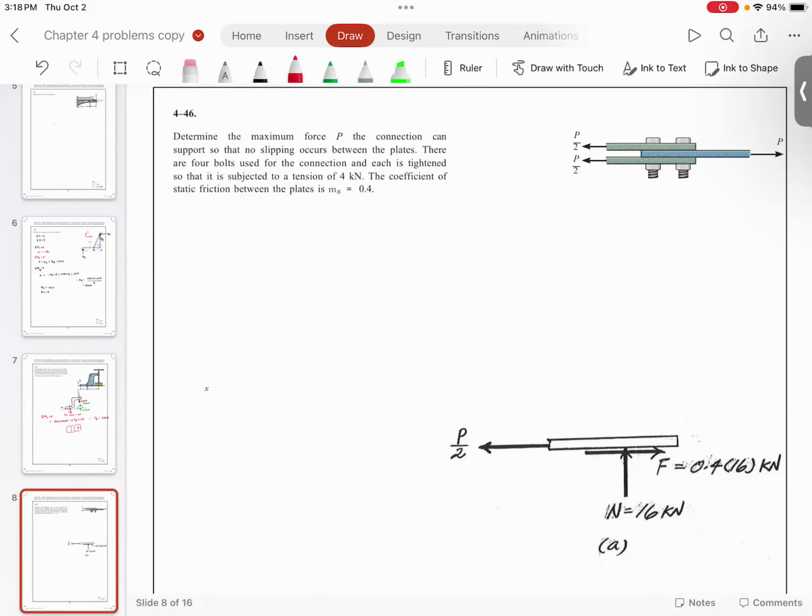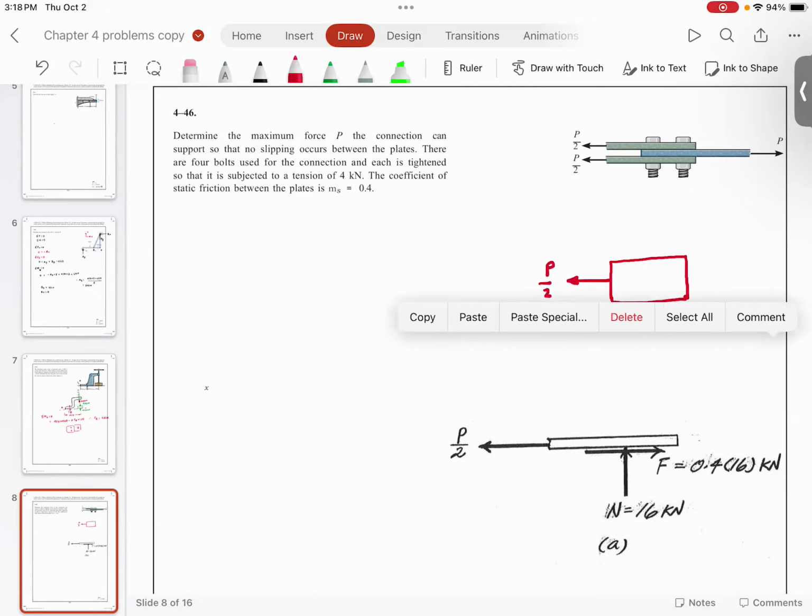So let me show you the top view. What you have is this plate, and on this plate there is this load P by 2, and then you have this plate, and then there are 4 bolts.